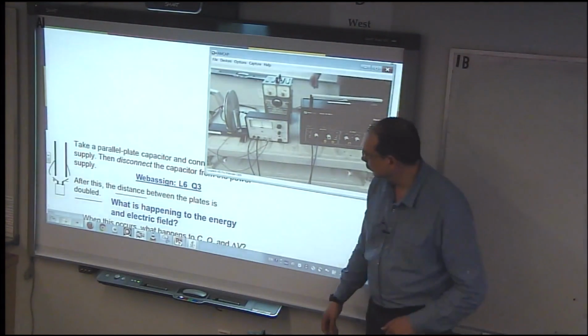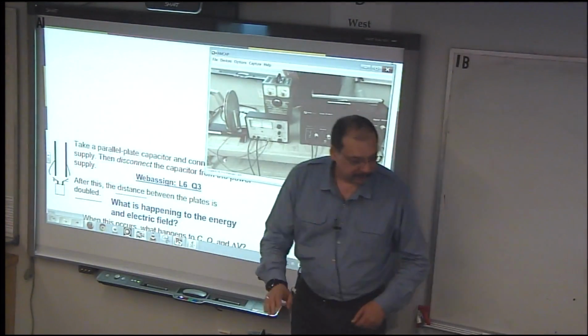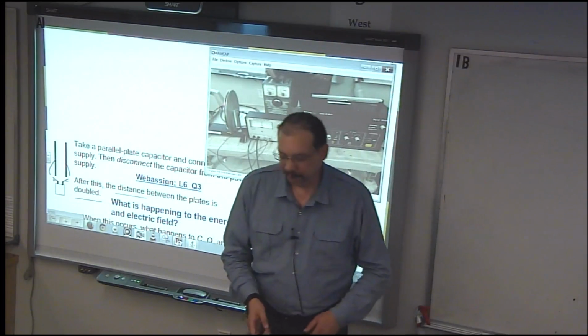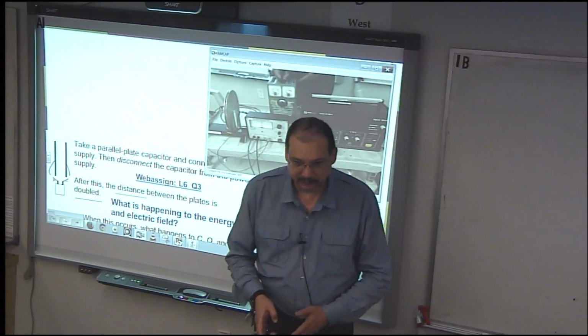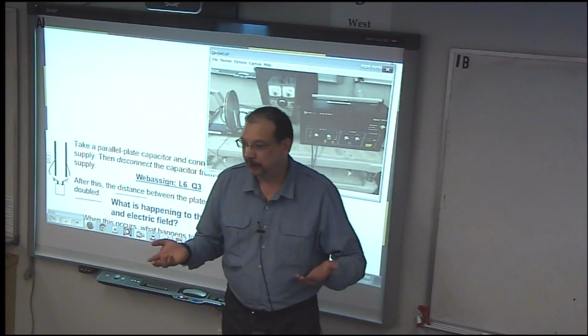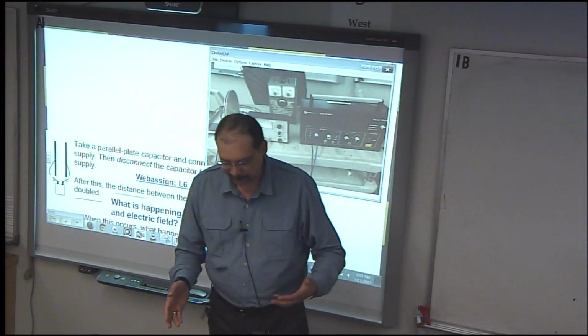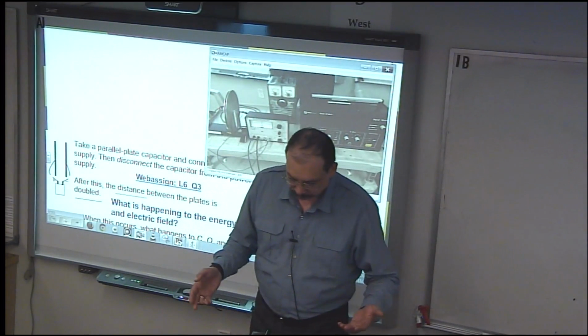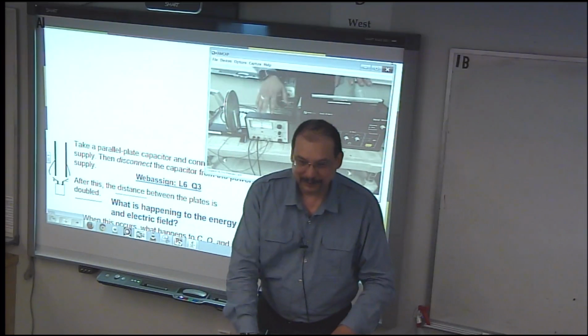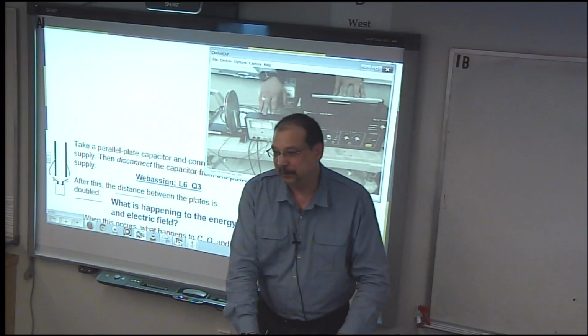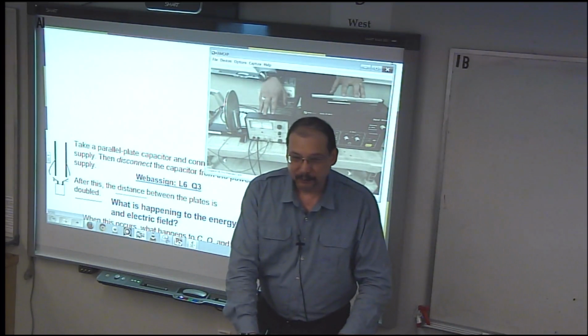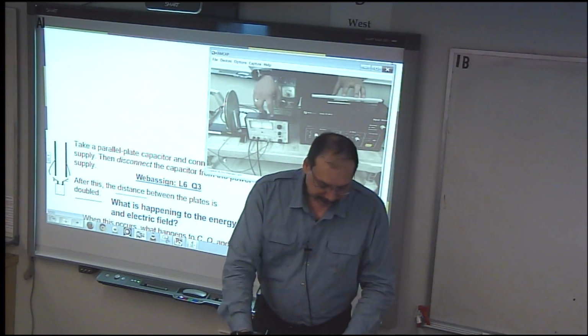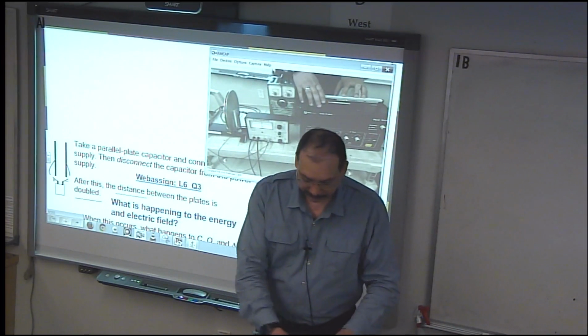You can read the keyword disconnected. So what I have here is not a battery, but just a power supply, because I want to charge it to a higher potential so we could read numbers easier. Where should we read the numbers? Well, we can read them here. This is a very sensitive multimeter. And also I connected a display multimeter.